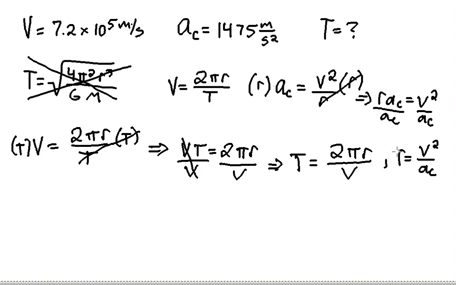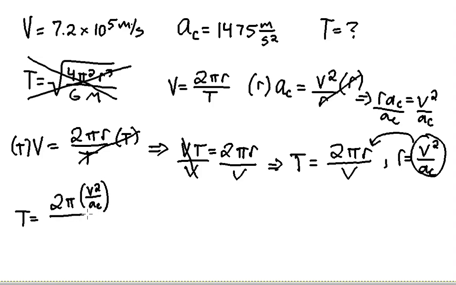So now I don't need r. If I have v and a_c, I can replace this whole thing here with r. So let's rewrite our equation over here: 2 times pi times, not r, but what r is equal to, v squared divided by a sub c, or the centripetal acceleration, over v.